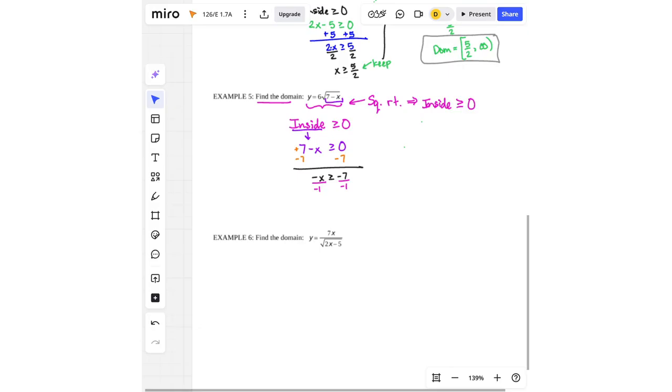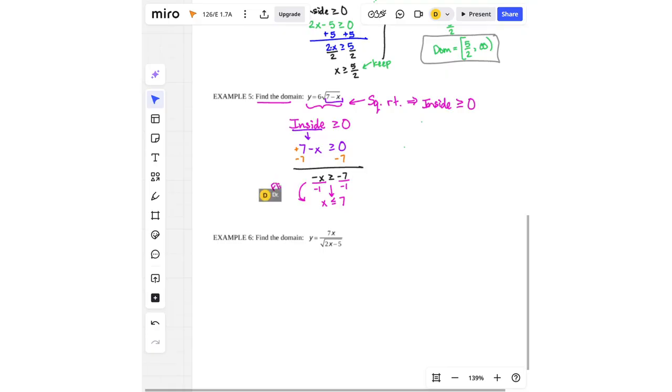Careful with your inequalities here. This gives you x is less than or equal to negative 7 divided by negative 1, which is positive 7. Remember, we flipped the inequality because we divided by a negative on both sides.